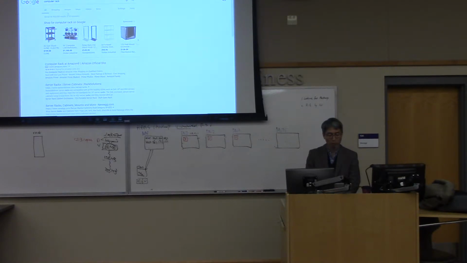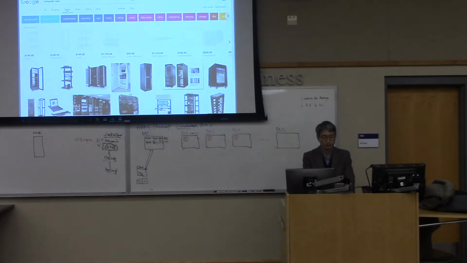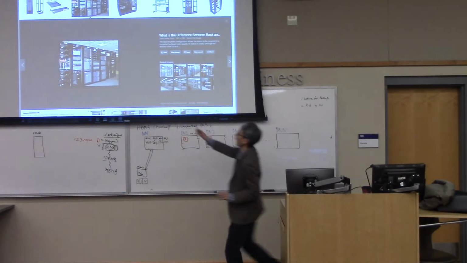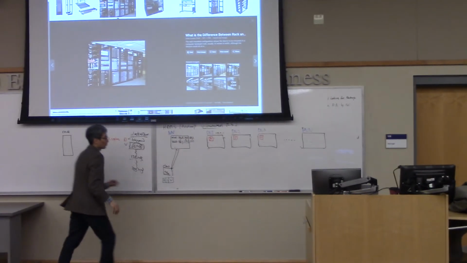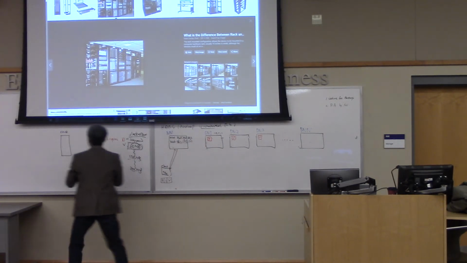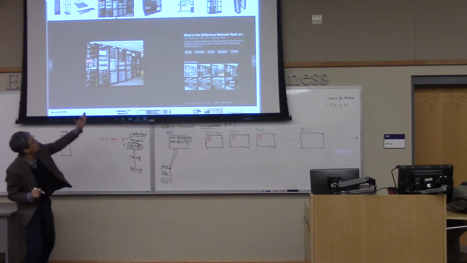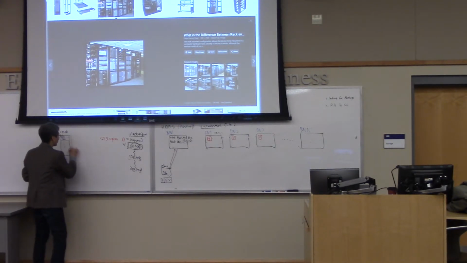This is a simple rack. So you can see the server room, and this one is called a rack. Then we can put data node 1 here, and data node 2, and so on. As you can see, several racks are together.